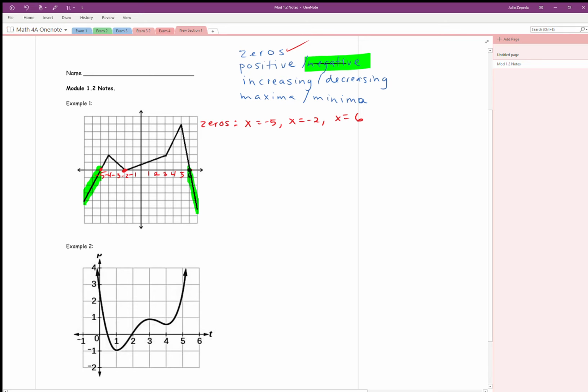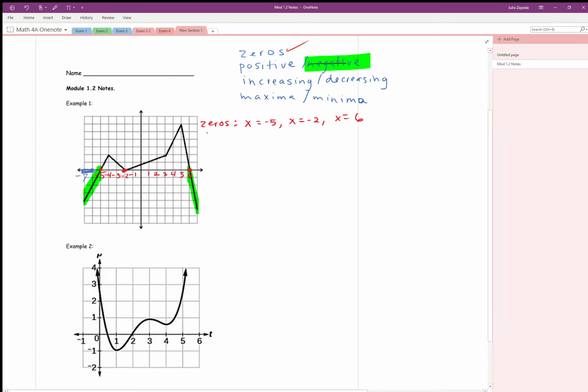Okay, and we're going to describe that using intervals. And whenever we describe our intervals, we're going to just describe them on the x-axis. Okay, so when I'm looking at that first portion highlighted in green, we can see that it's covered right here on the x-axis. Starts right there, all the way to there. So we would say the interval from -7 all the way to -5, the graph is negative in that portion.